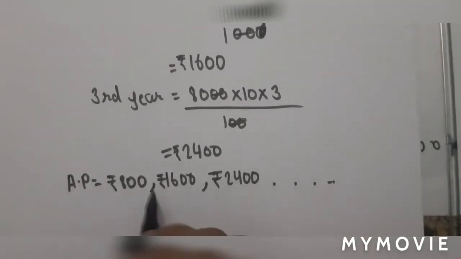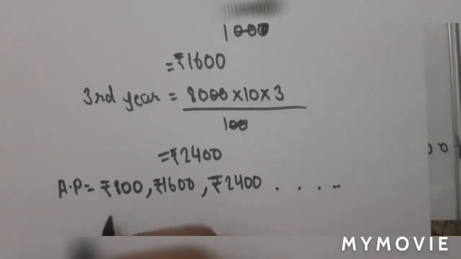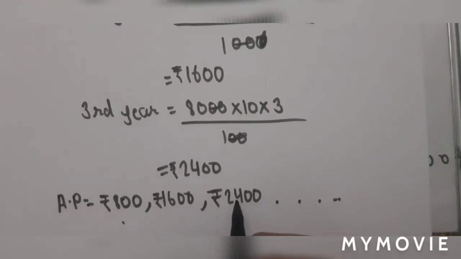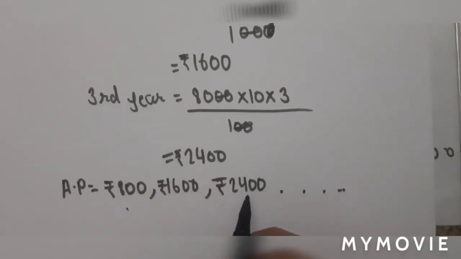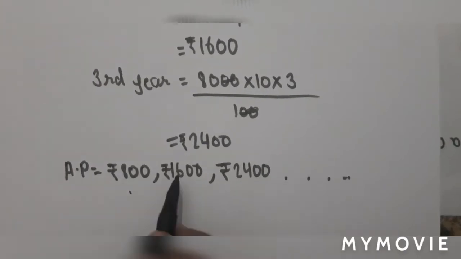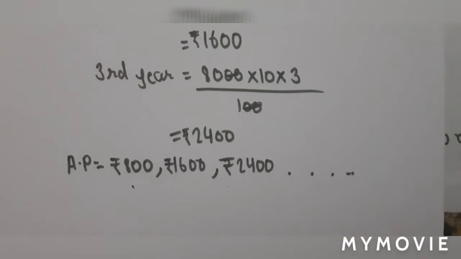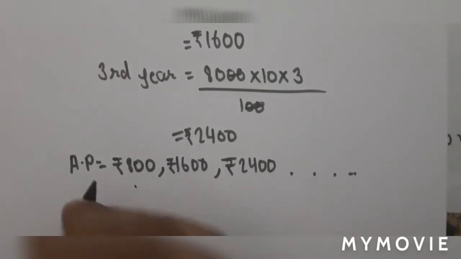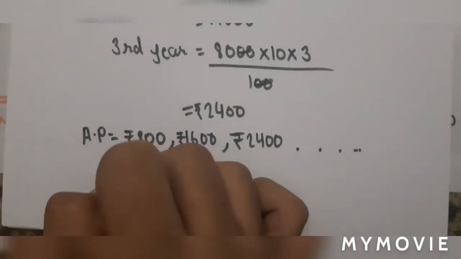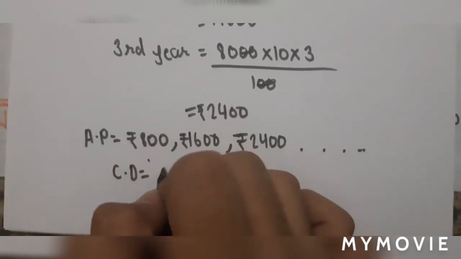If you subtract 800 from 1600, you will get 800, and if you subtract 1600 from 2400, then your answer will be 800. So the common difference is 800.